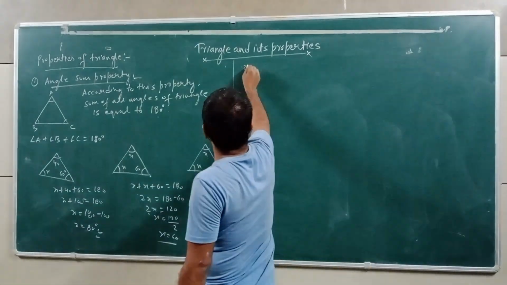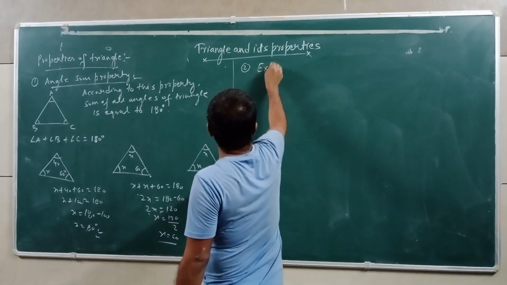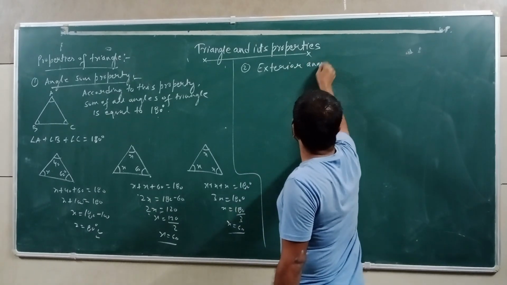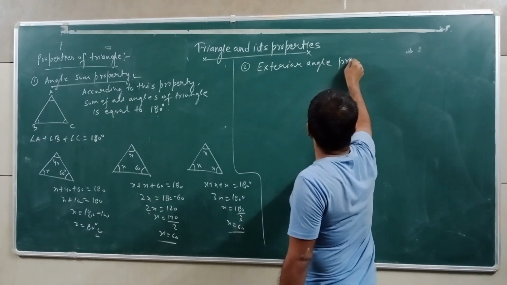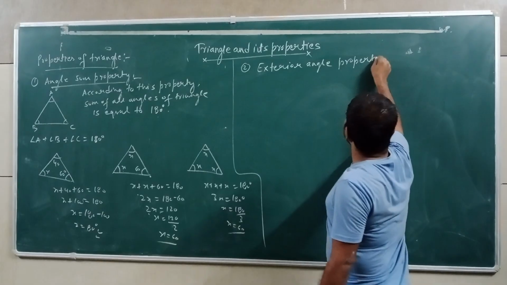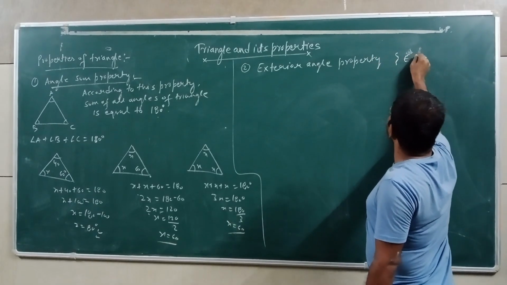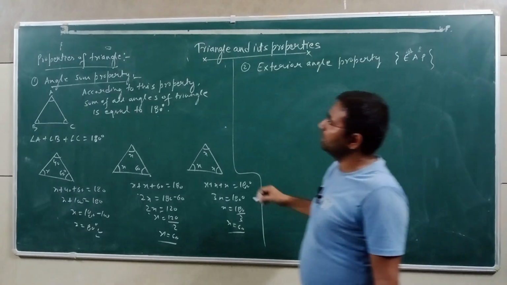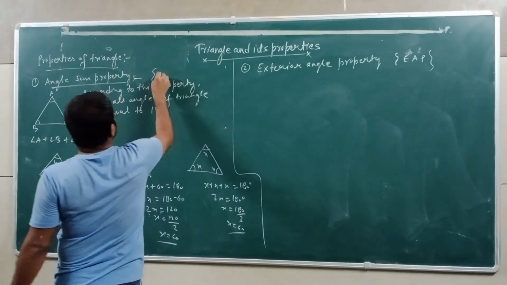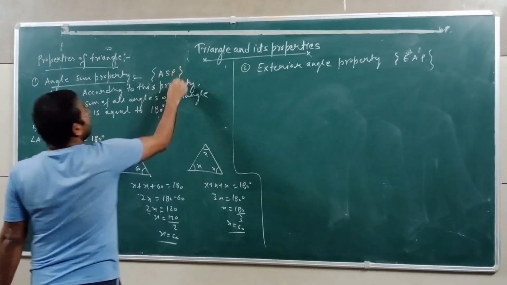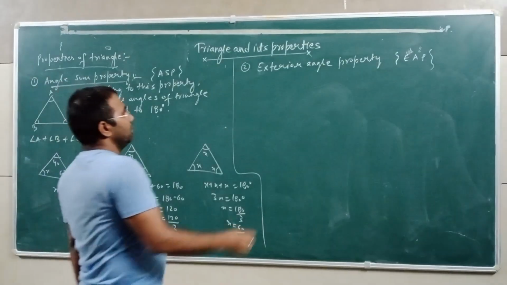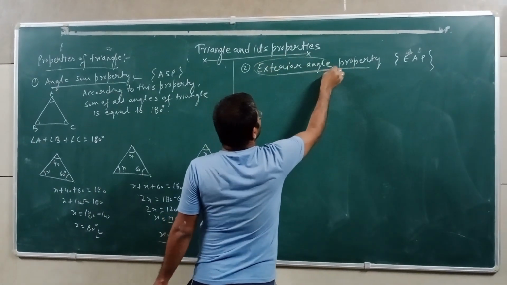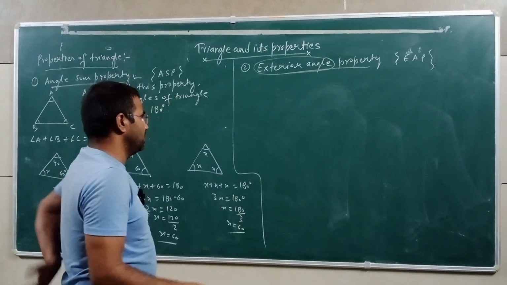Now the second property is the exterior angle property. In short, you can write EAP, exterior angle property, and the other one in short can be written ASP, angle sum property. First of all you have to learn what an exterior angle is.